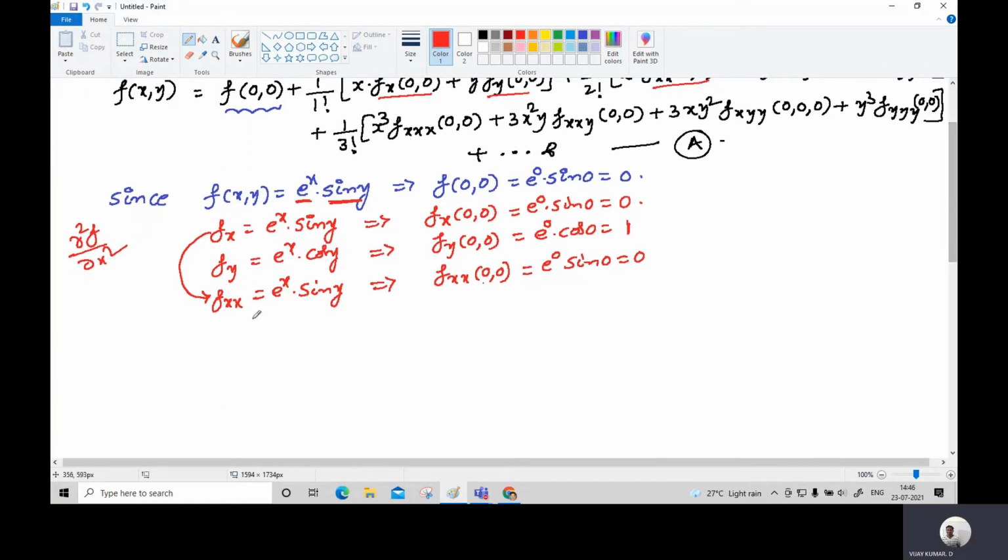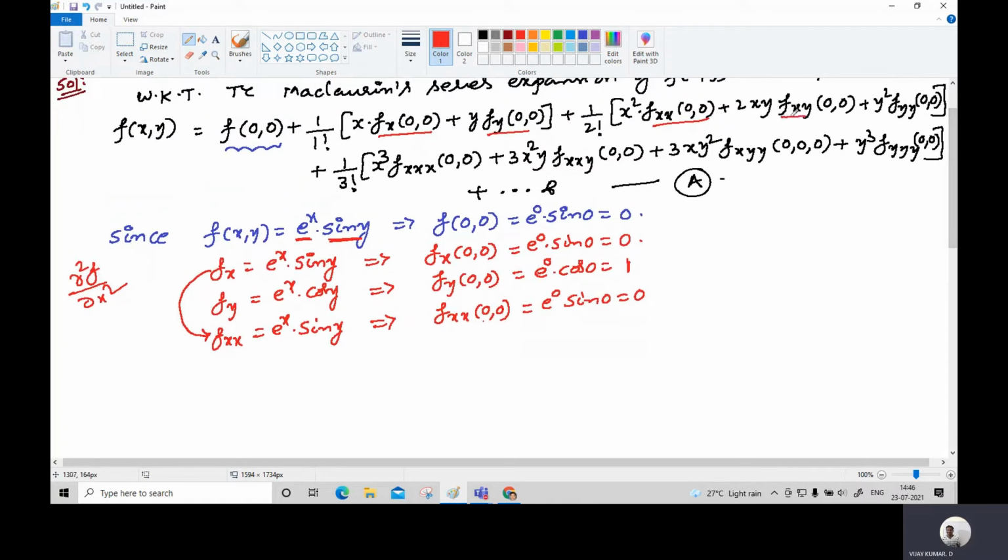Next in order, we have to find fxy at origin. So calculate fxy. We can find this one by using this one. From this take the partial derivative with respect to x of this term.